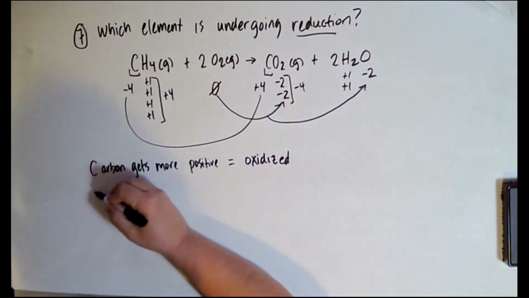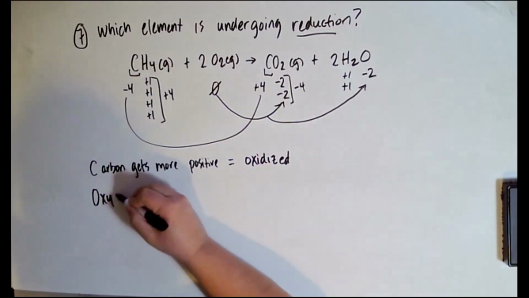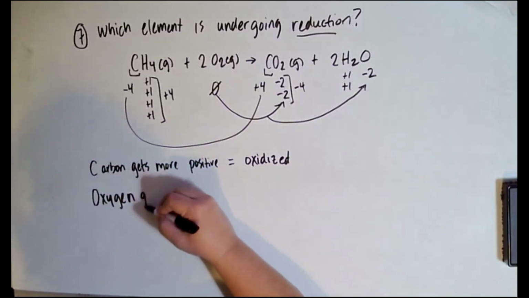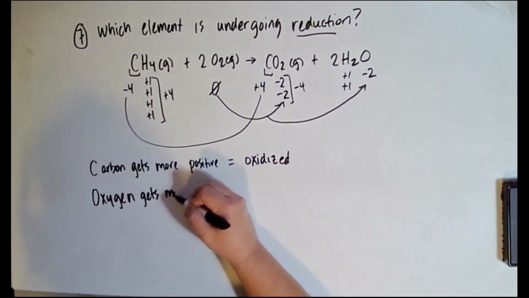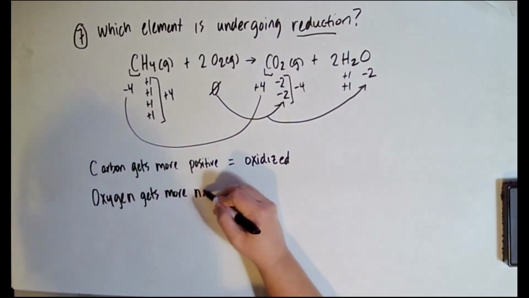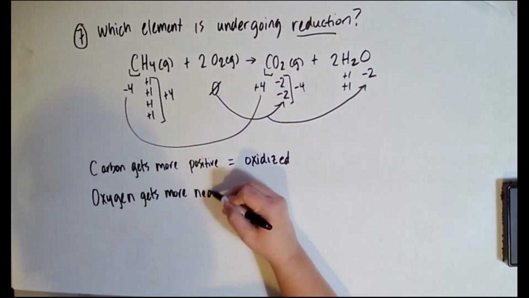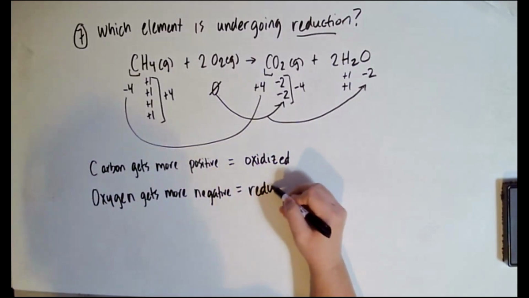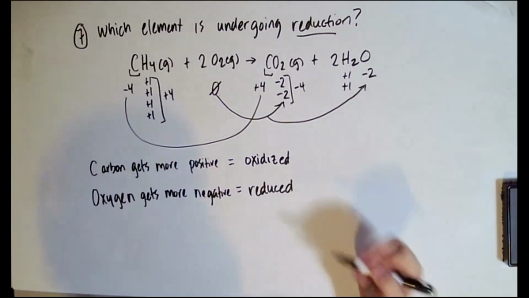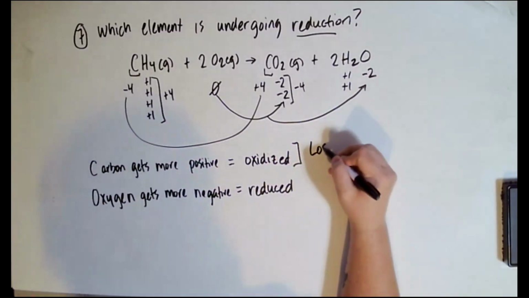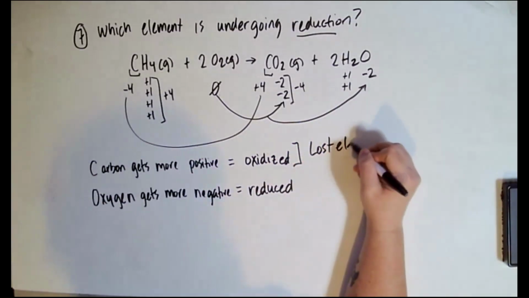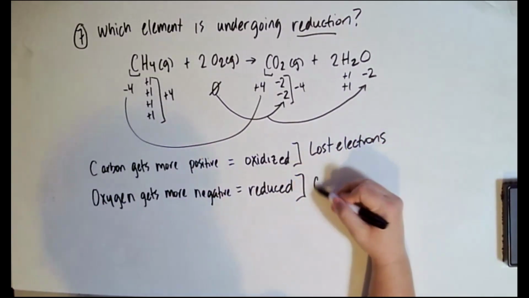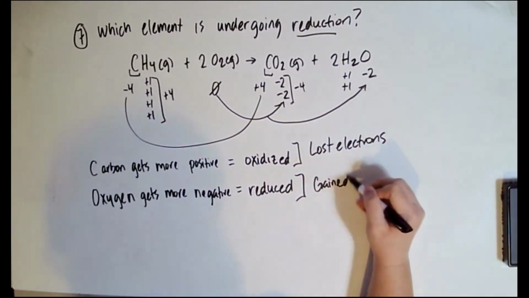So when my oxygen gets more negative, that means that it's undergoing reduction. Because if it's getting more negative, then it's gaining electrons. So here I was losing electrons. Here I was getting more negative, so I gained electrons.